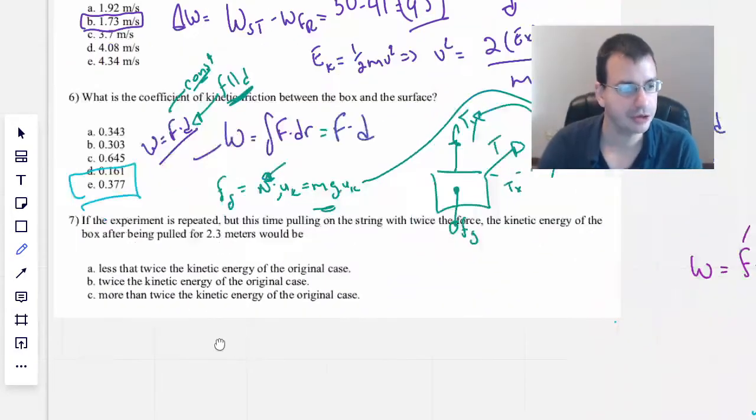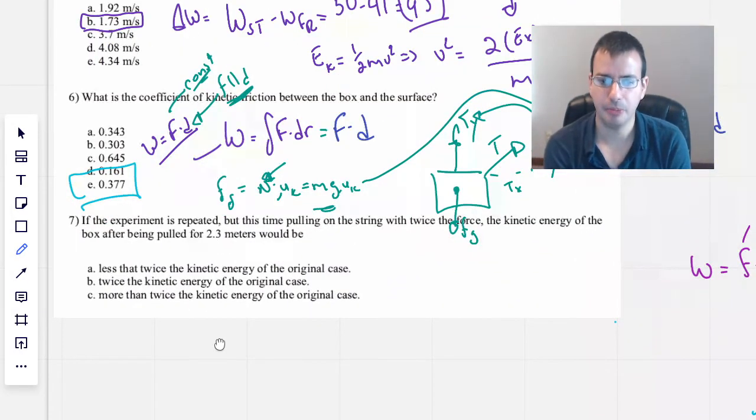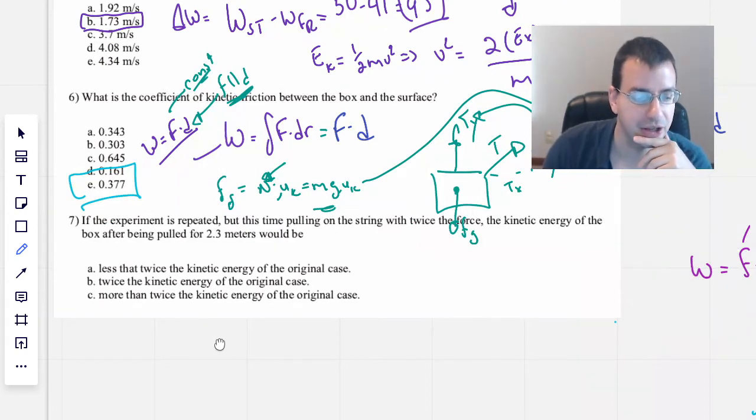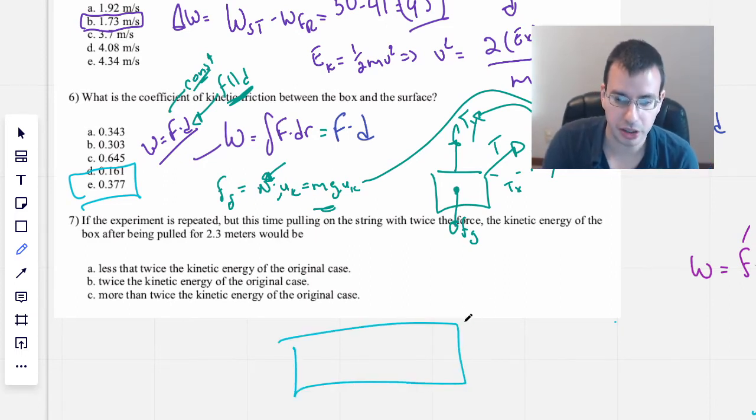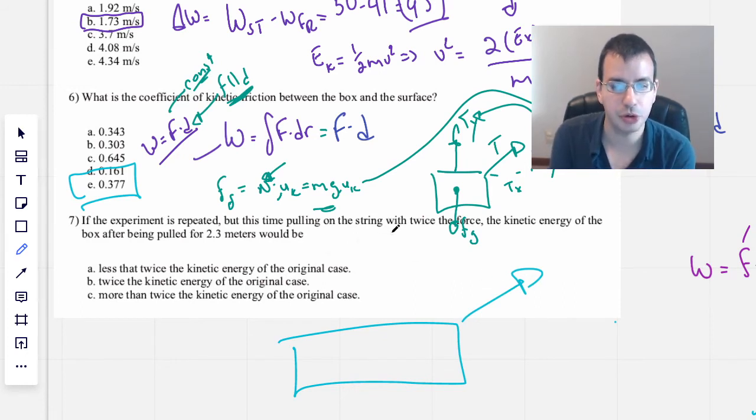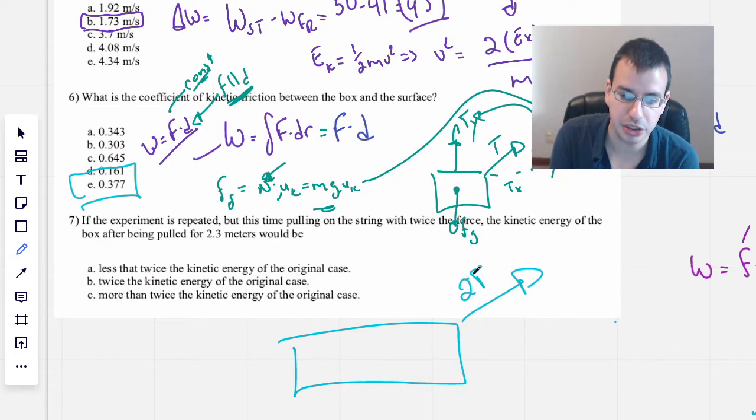Okay. So let's say the experiment is repeated, but this time pulling on the string with twice the force. The kinetic energy of the box after being pulled for 2.3 meters would be, okay, so now we have our box, we're pulling with twice the force, 2 tension.